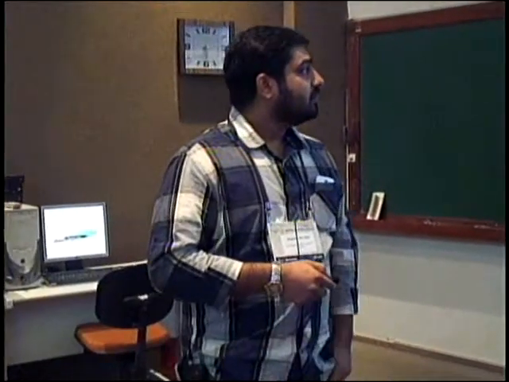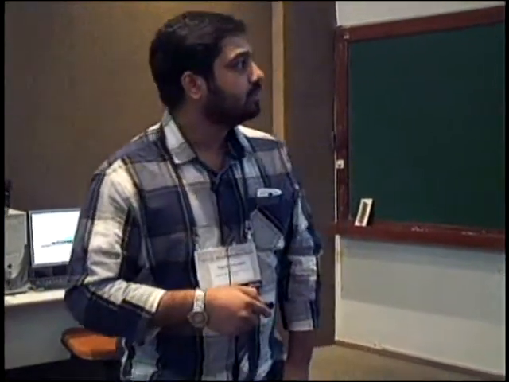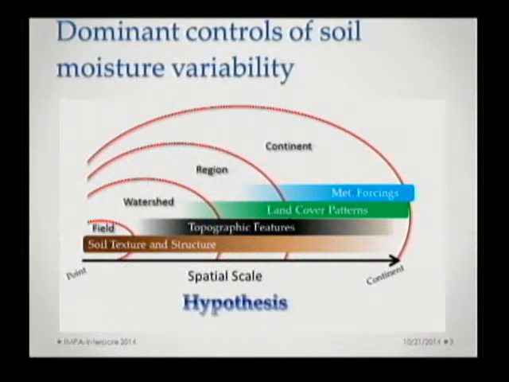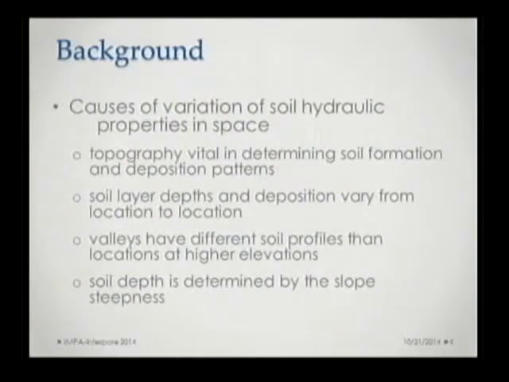So we started off trying to prove this hypothesis by taking just the topography into account. Before this, we have always been considering only the soil texture and structure as our drivers for the variability of soil moisture. So the causes of variation of soil hydraulic properties or soil moisture can be converted to each other, right?